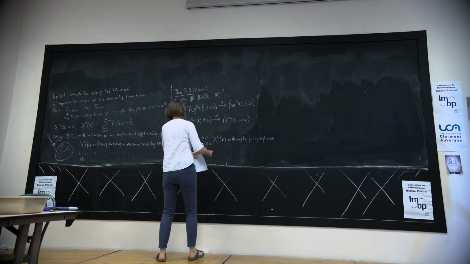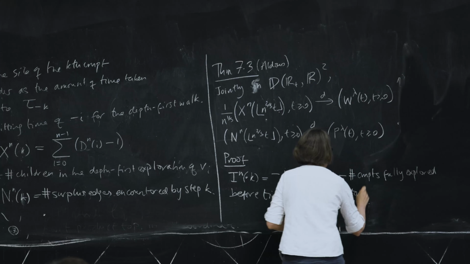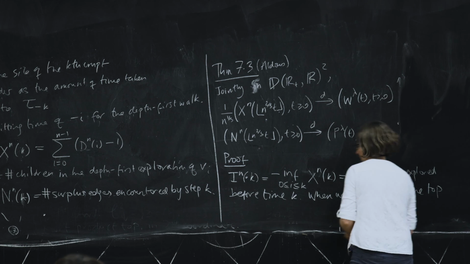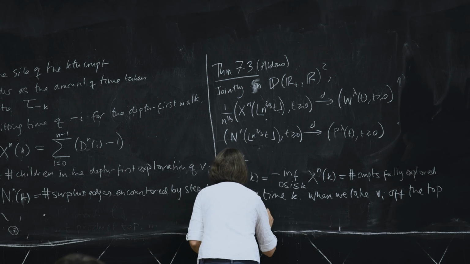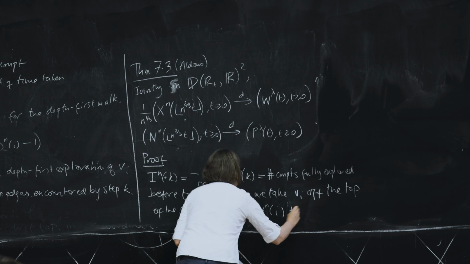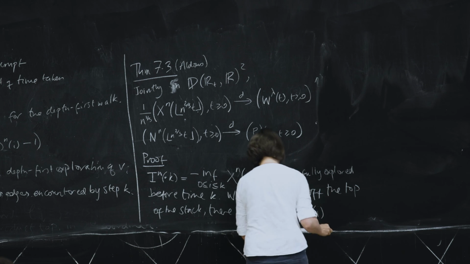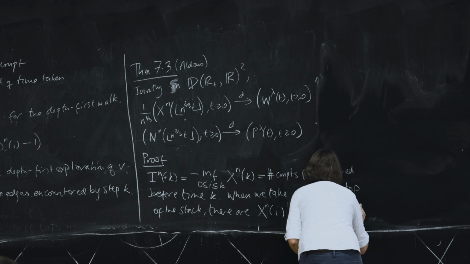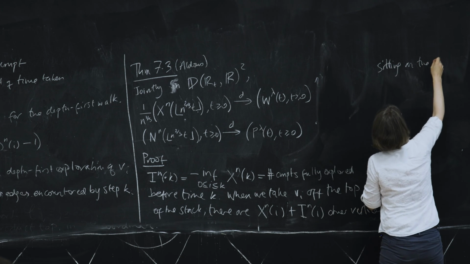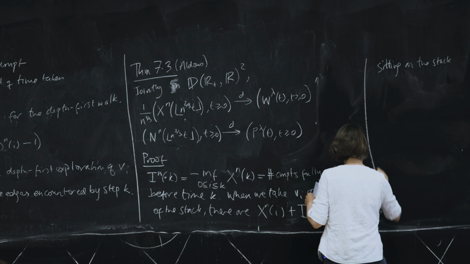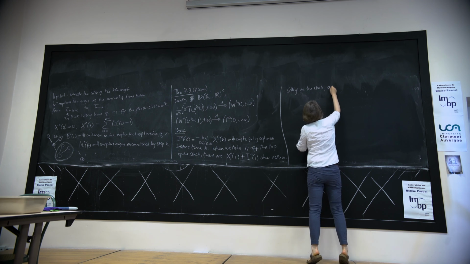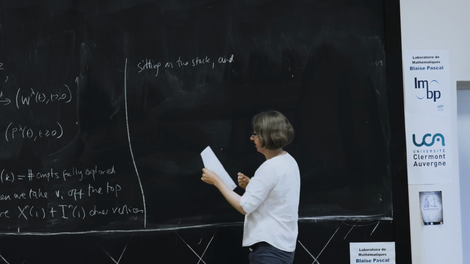Okay, so when I take v_i off the top of the stack, there are X_n(i) plus I_n(i) other vertices sitting on the stack, and additionally other vertices that I've already visited.